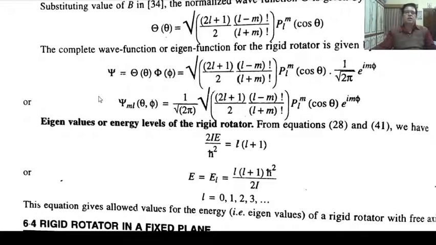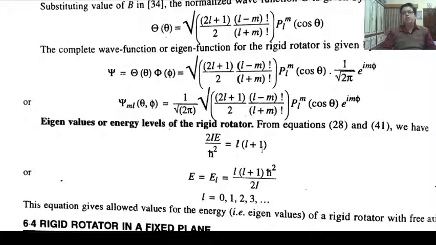So your function becomes ψ = ΘΦ, and this product is your rigid rotator wave function ψ_lm = (1/√(2π)) √[...] P_L^m(cos θ) e^(imφ). Now the eigenvalues or energy levels of the rigid rotator.